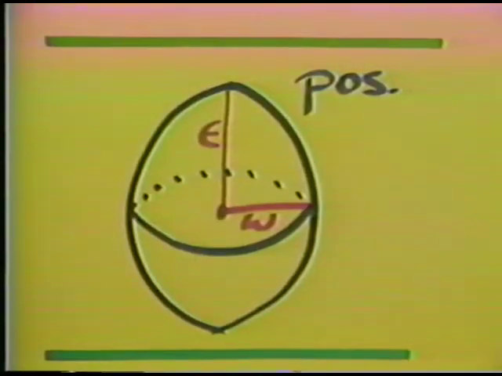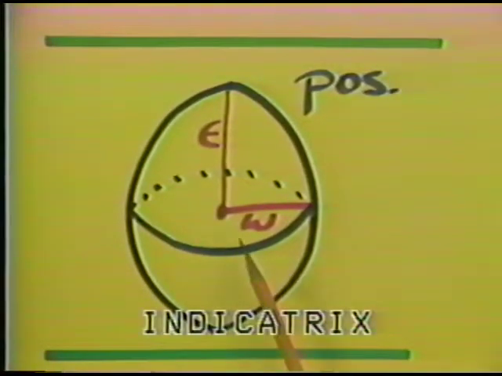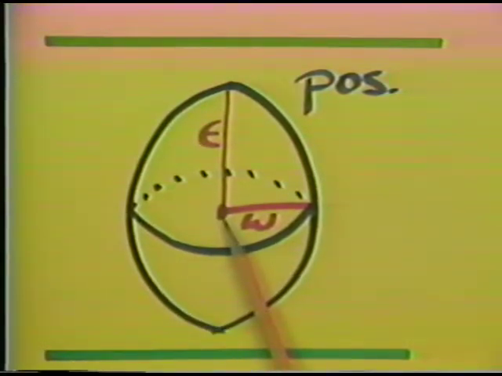It's an ellipsoid in which its dimensions are defined by measurements from the center of the ellipsoid body to the edge. For example, omega is measured in this horizontal sense from the middle of the ellipsoid to the edge of the ellipsoid.